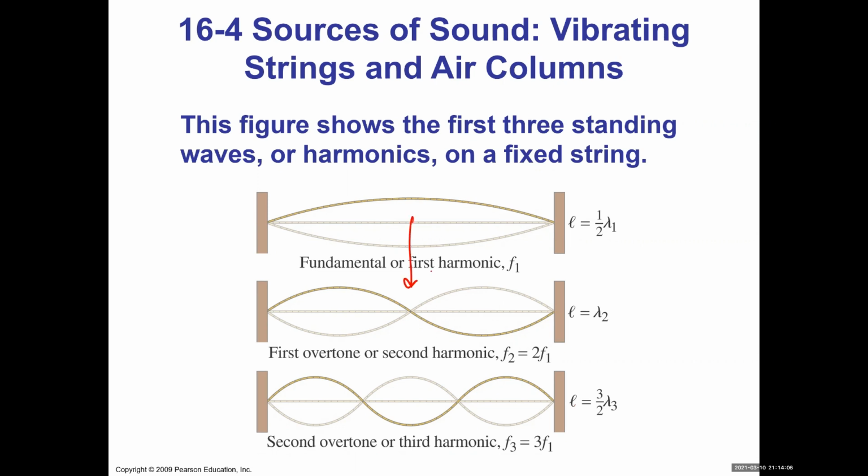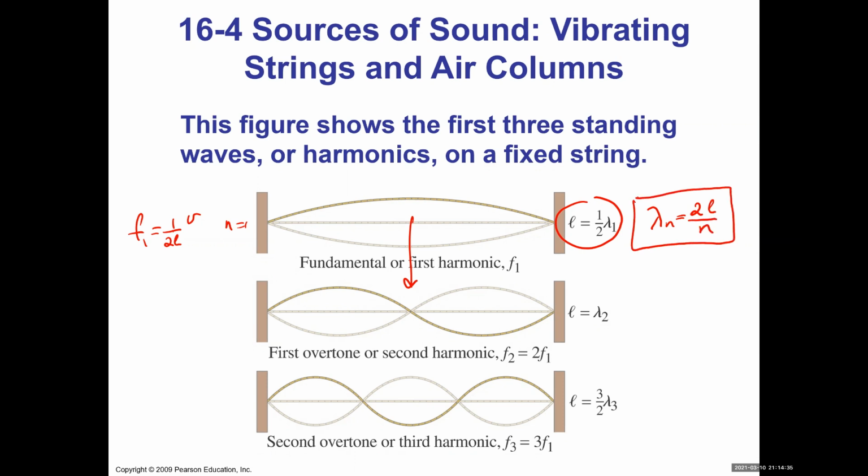Remember, the equation for the first harmonic, f1, is generally f_n = nv over 2L, assuming that n is equal to 1 here. So it's 1 over 2L times v, because the wavelength is related to the length of the string, where lambda_n is equal to 2L over n.